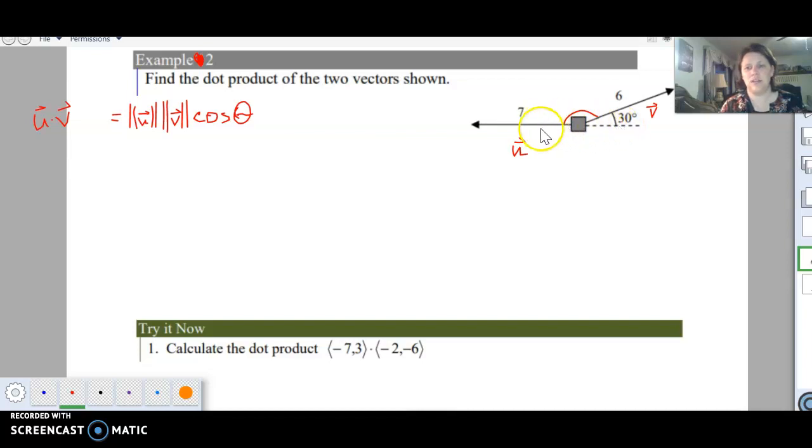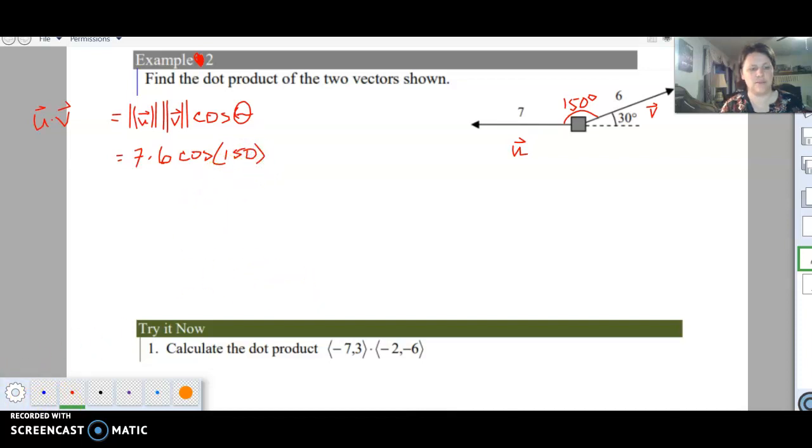We know that these two angles are supplementary angles that add up to 180 degrees, so this angle inside here is going to be 150 degrees. So we need to find our dot product. The dot product is going to be the magnitude of u, which is 7, times the magnitude of v, which is 6, times the cosine of 150 degrees.